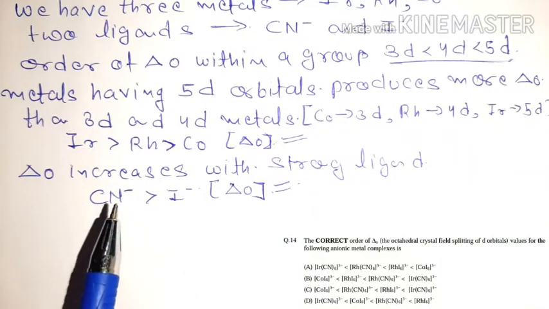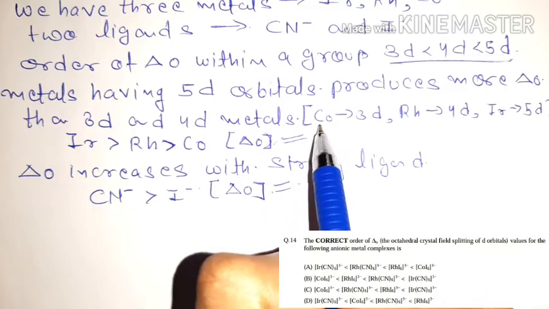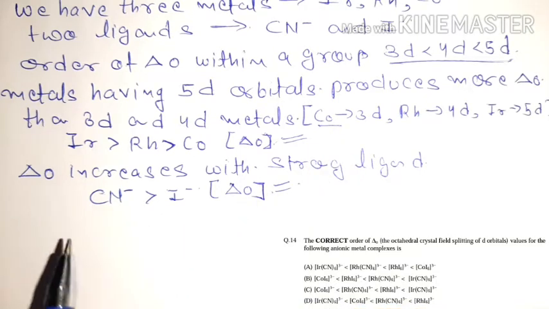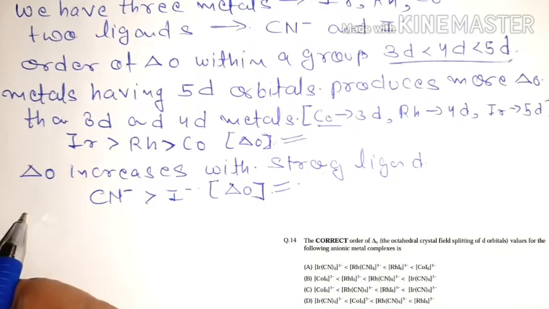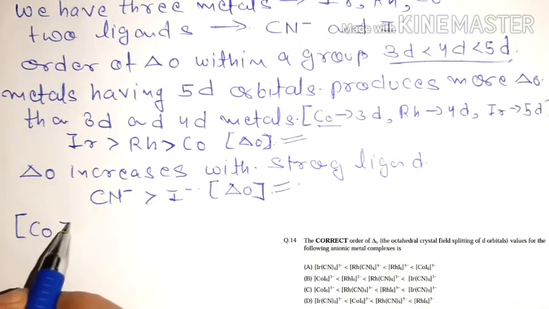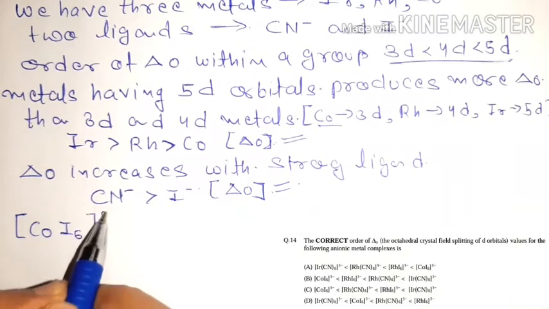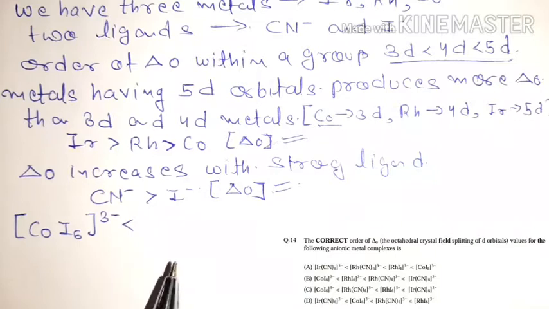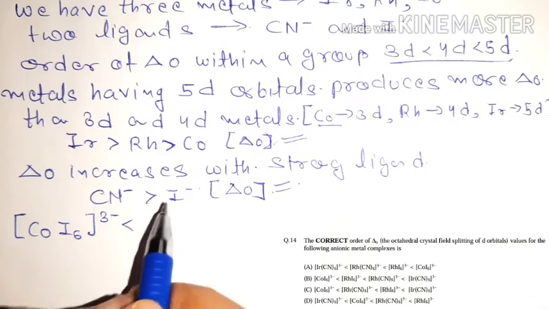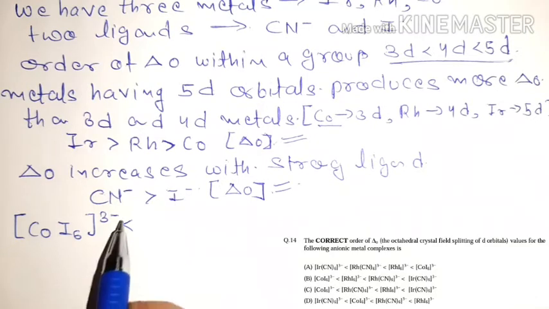Okay, so here you can see that the lowest delta O is for cobalt and iodine. So your lowest delta O value for complex is [CoI6]3-. Now for rhodium you have two complexes. First complex is with CN and next complex is with iodine. So you know that CFSE of iodine is less than CN minus.